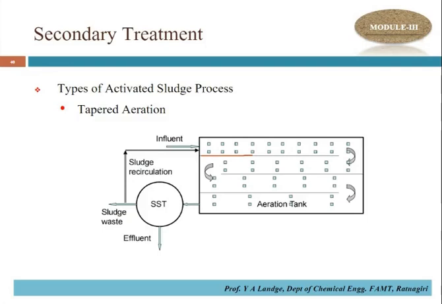So let's see the first zone, this zone. This particular zone is for the adsorption of the organic matter in this tank, where it is adsorbed onto the sludge which we recycle here. That is the first step. Why do we recycle the activated sludge?